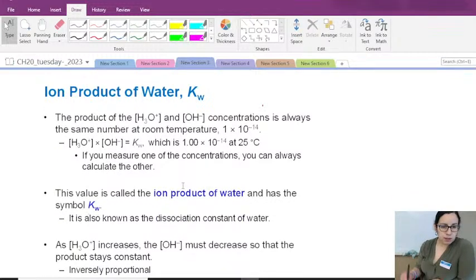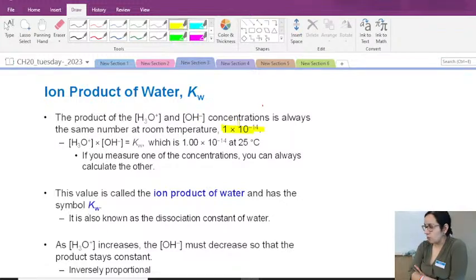Now this starts explaining how we get our pH scale and why it goes from 0 to 14. The product of hydronium and hydroxide concentrations is always the same, 1 times 10 to the negative 14. This is our Kw, and again, that holds true at 25 degrees Celsius.